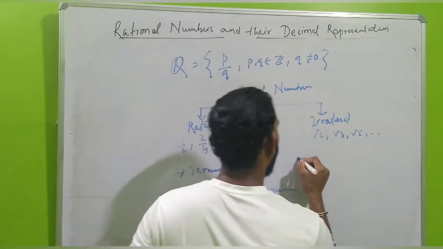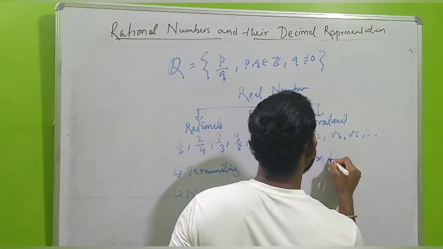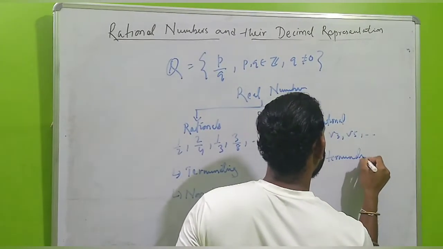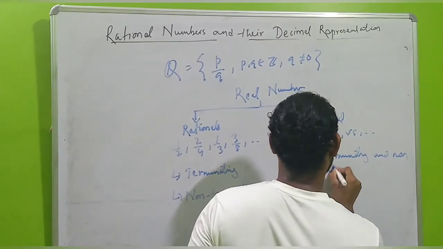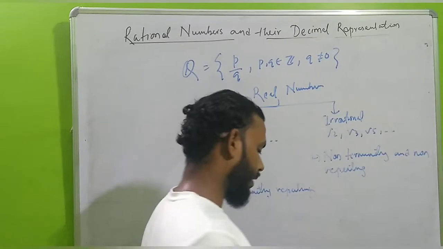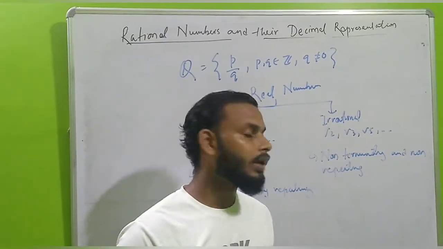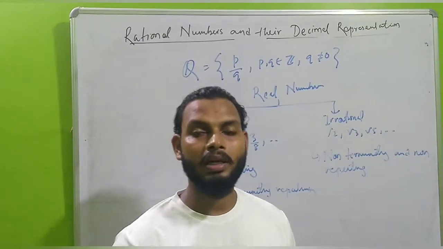If it is non-terminating and non-repeating, then these types of numbers are called my irrational numbers.